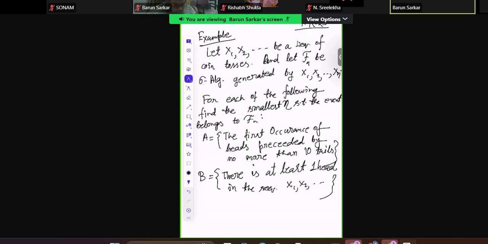So x1, x2, xn be the sequence of coin tosses. Sir, I have a doubt. Like X1, X2, and Xn, are we doing this experiment one time after each one? Like first we toss X1, after that X2, after that X3, or do we toss all the coins at one time? No, no, you can continue to toss one single coin, okay? Last time we have done one example, right?